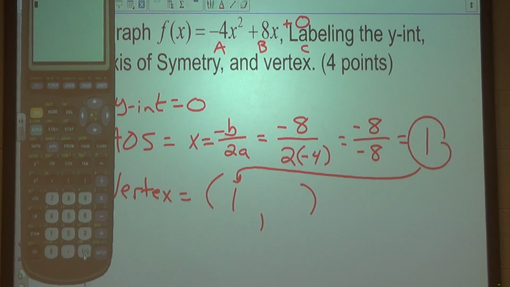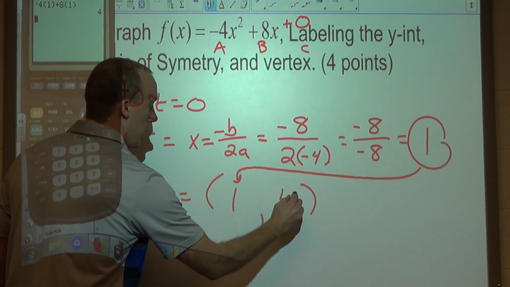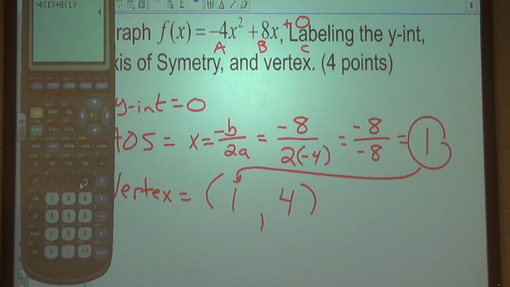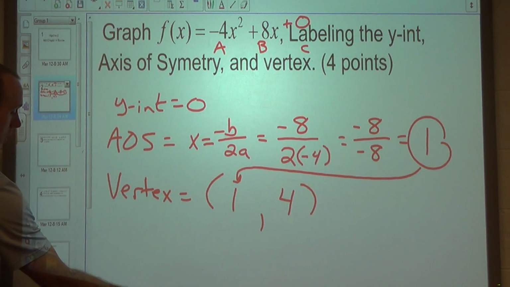So if I plug it in, negative 4, parenthesis 1, close off the parenthesis, plus 8, parenthesis 1. And what do we get for the vertex? 4. Okay, and then once I have that, I have everything ready and labeled to go.